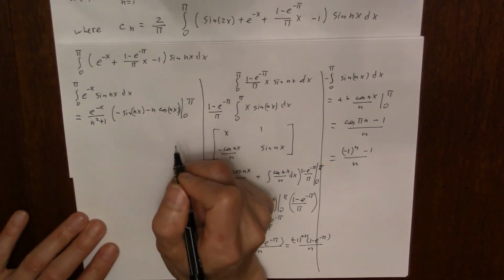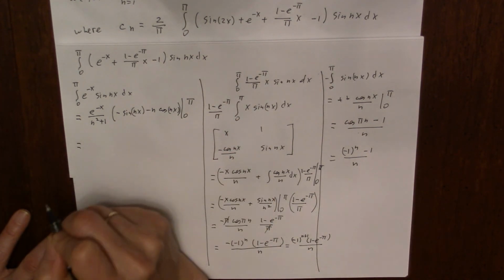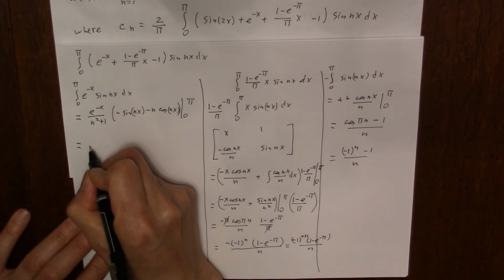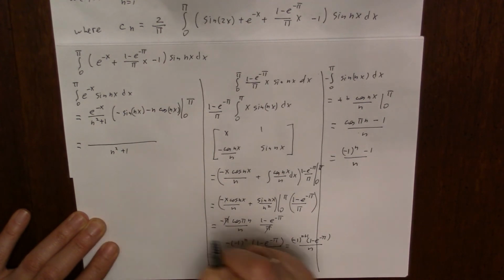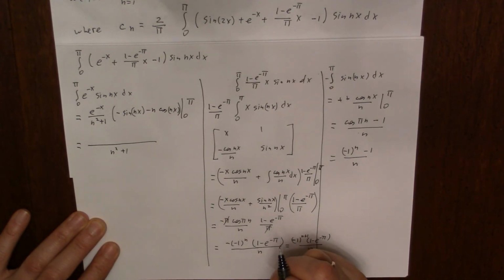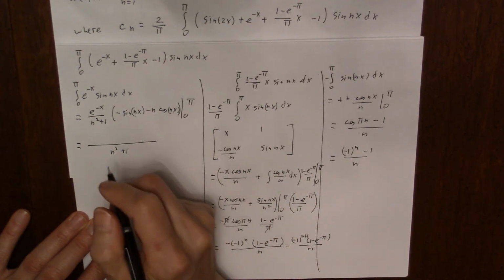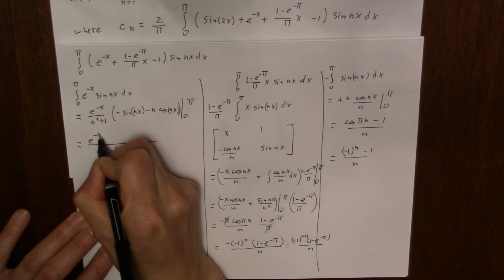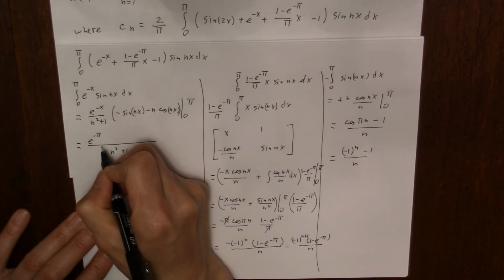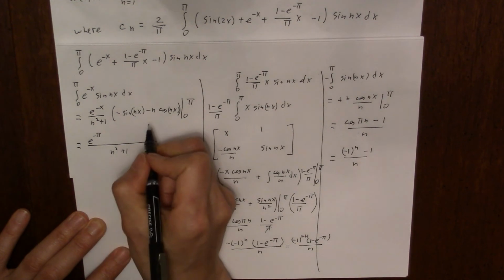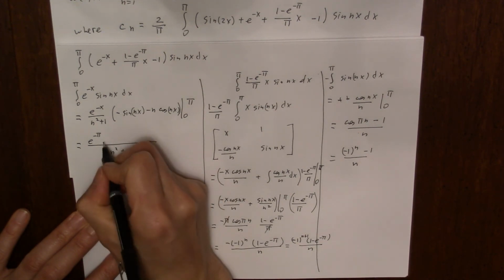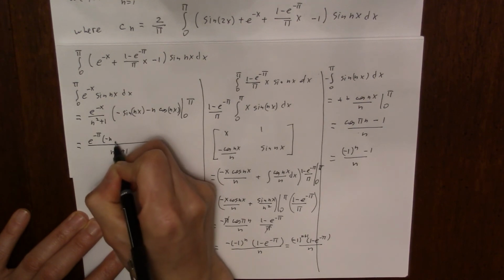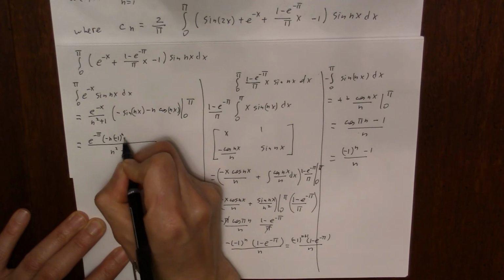So we're going to keep n squared plus 1 for the whole denominator. If we substitute pi, we're going to get e to the negative pi times sine of pi n, which equals 0, so times negative n. Cosine of pi n, we're going to write down negative 1 to the n.